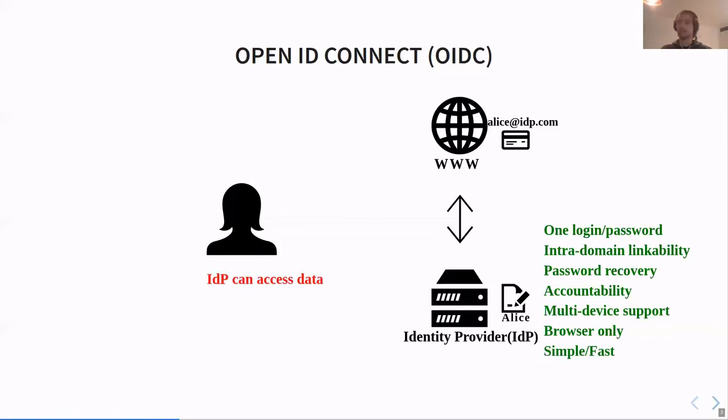However, there are also multiple problems with privacy. The identity provider is the fully trusted party and can access users' data stored at the web service without users' consent or knowledge. Imagine that the web service is a hospital holding some medical records. You probably don't want your identity provider to have access to this data.